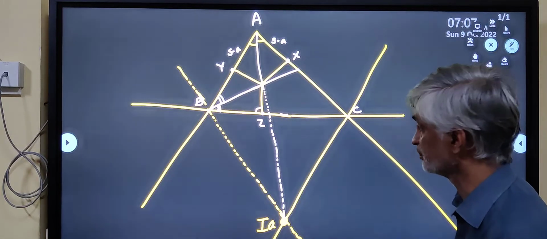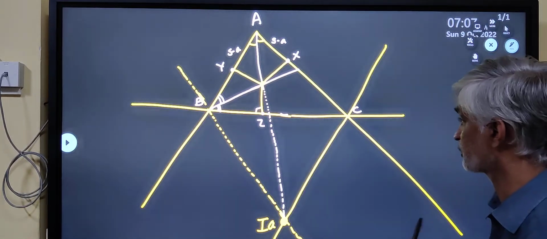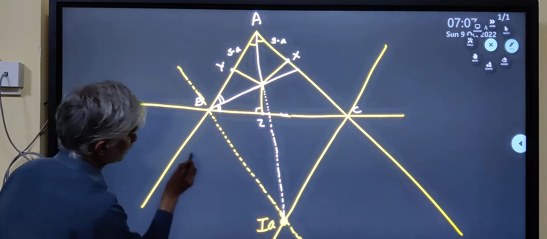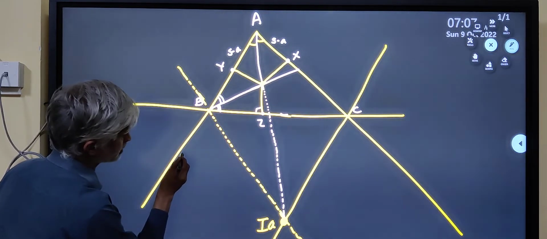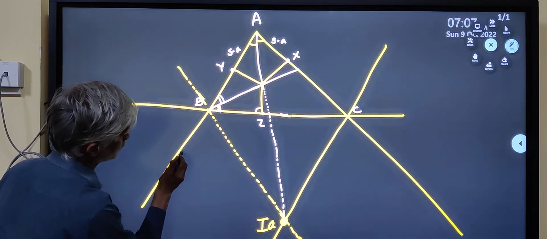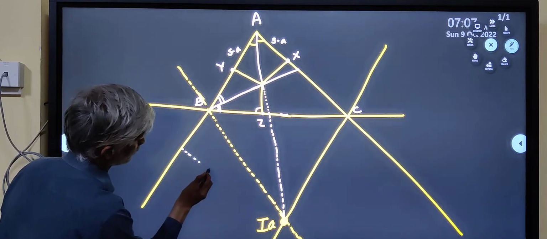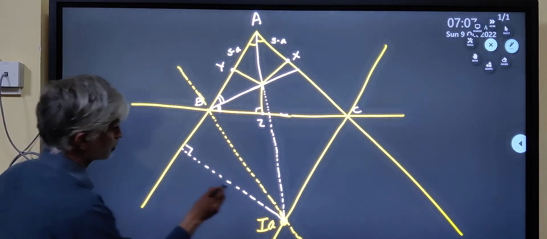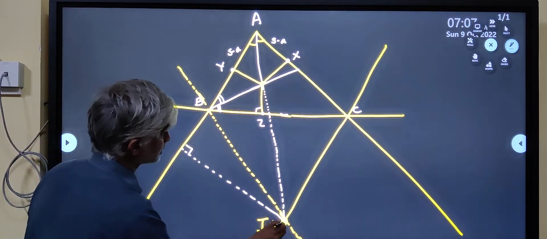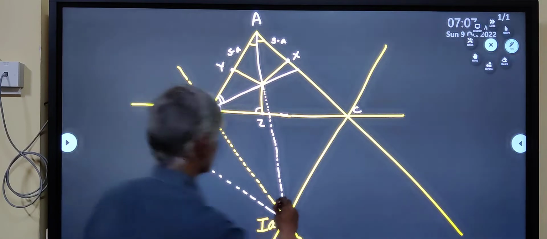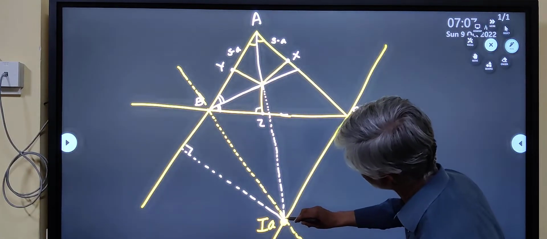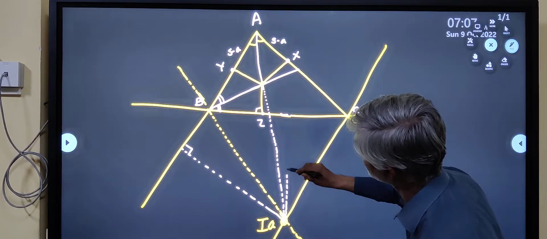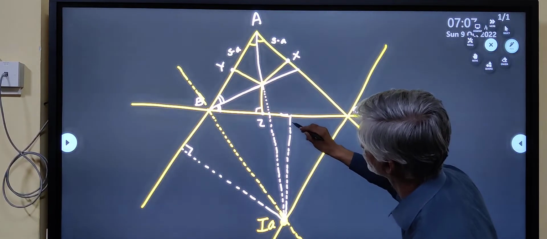But it has some immediate, very nice properties, and that is straight from the angle bisector theorem. If I take the perpendicular distance of this point from this line, then because it's the angle bisector, the perpendicular distance of this point from this line will also be equal.